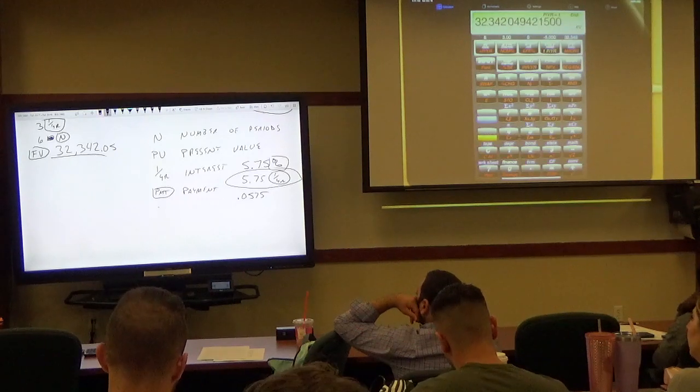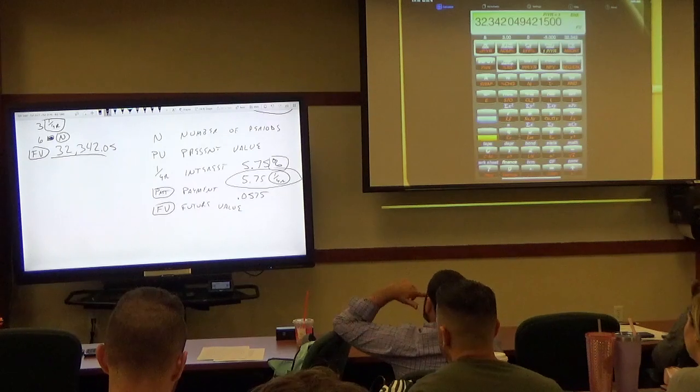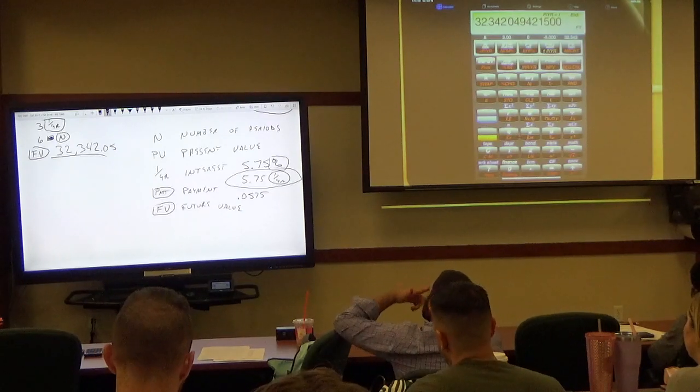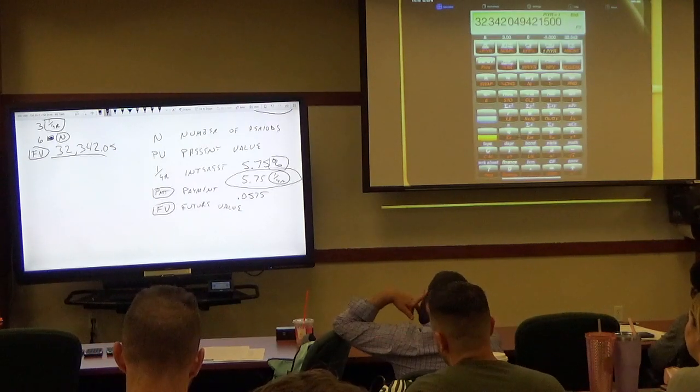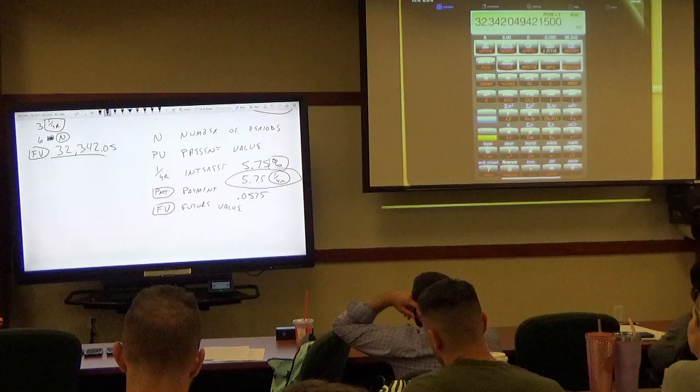And then finally, on the top row of the calculator, the future value key, as we have talked about, is simply what we would expect the asset, the property, the account to be worth at some point in the future, based upon these assumptions. Make sense? Move forward?